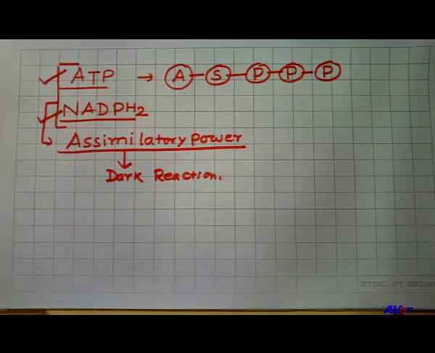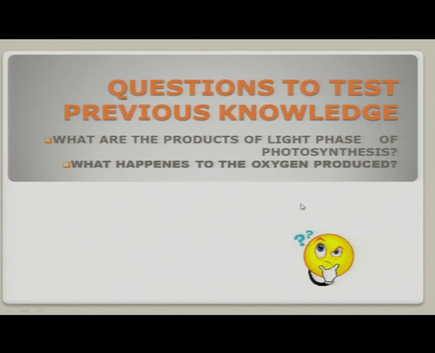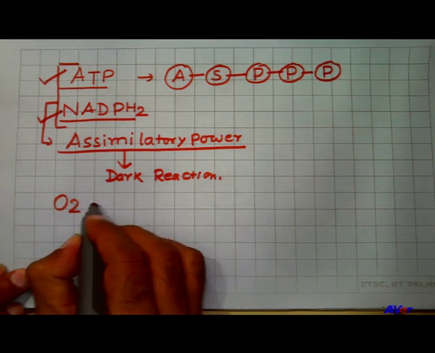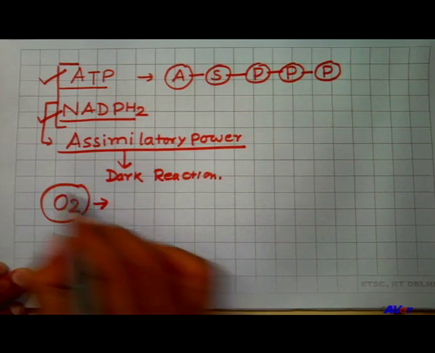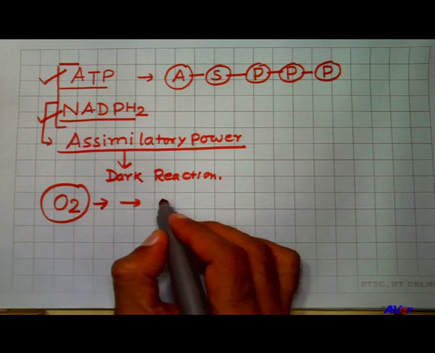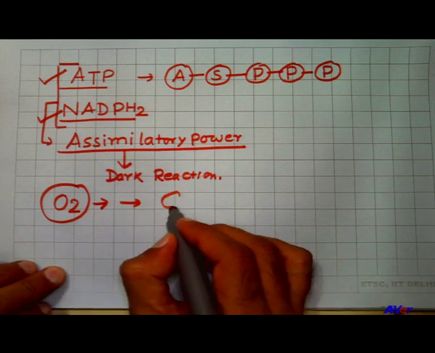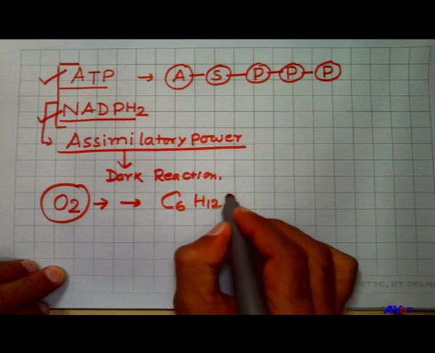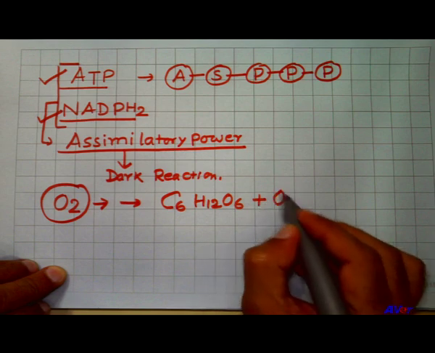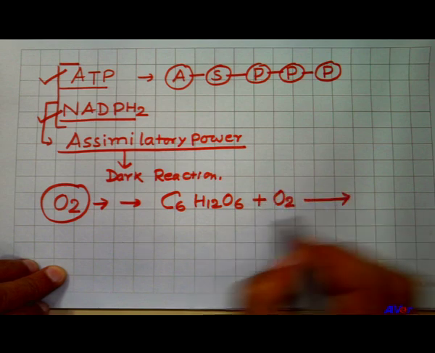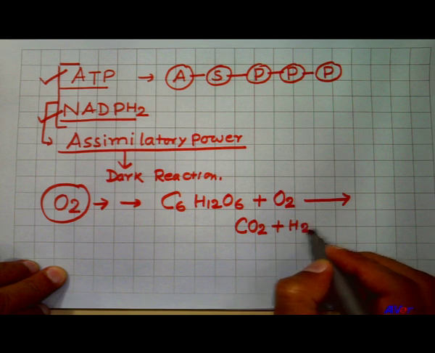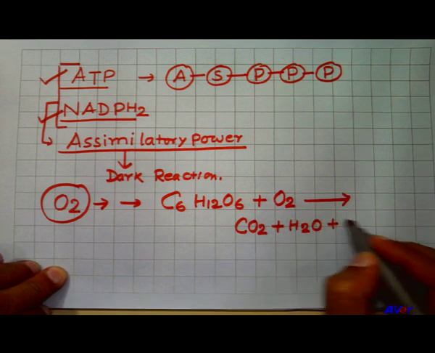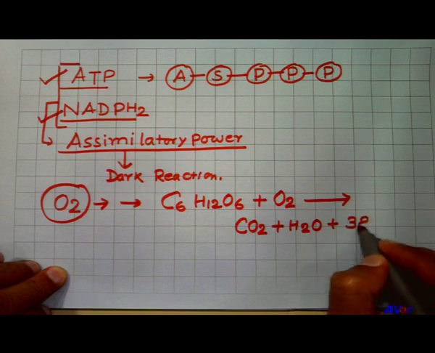The next question is, what happens to the oxygen produced? We know that oxygen plays a vital role in respiration. The plant releases oxygen and animals as well as human beings consume this, and this oxygen breaks down the glucose molecule in aerobic respiration, and the products are carbon dioxide and water, and in aerobic respiration it gives 38 ATP.